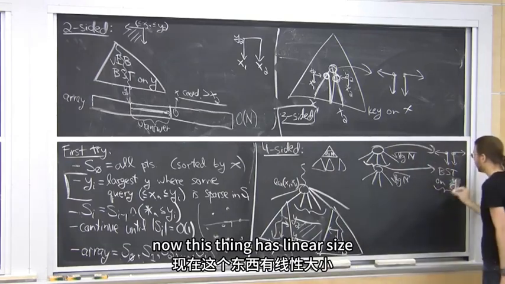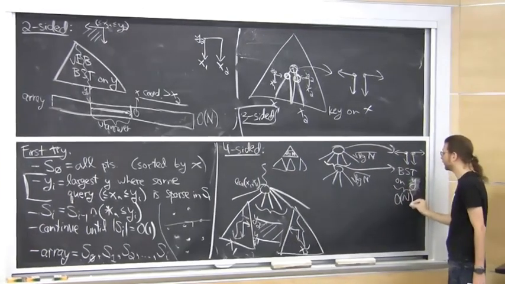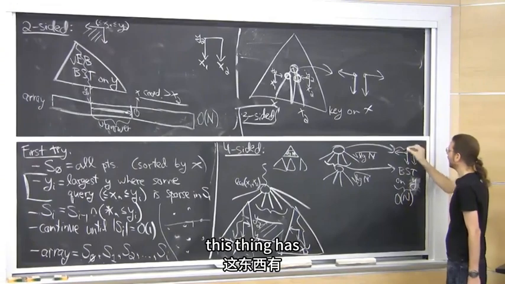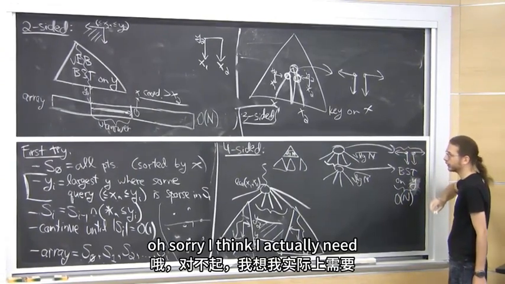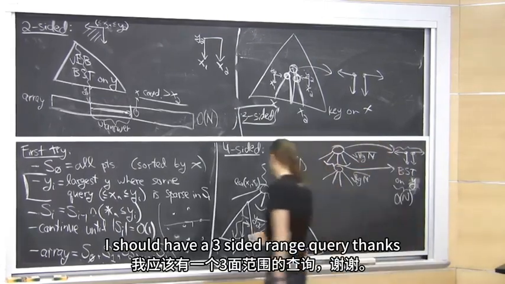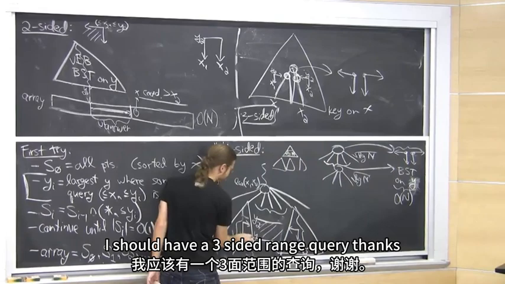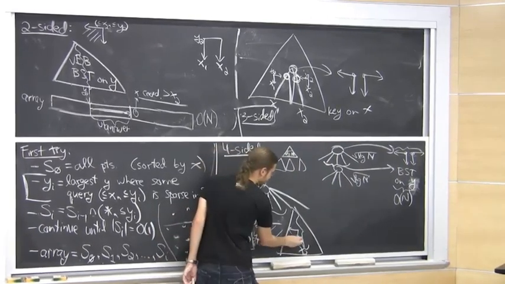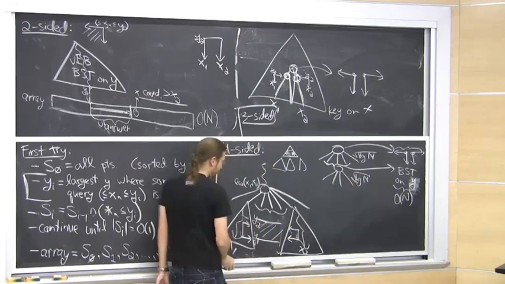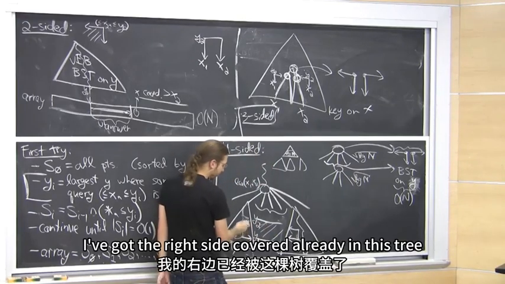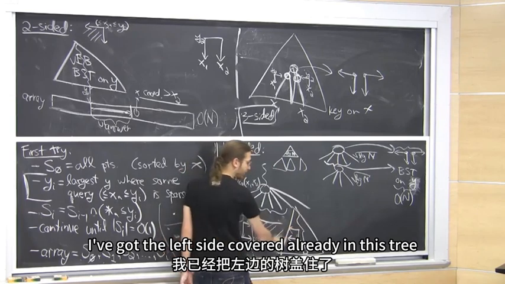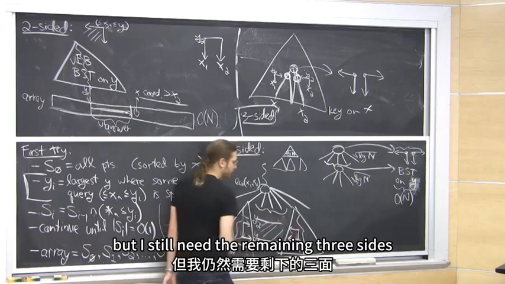Now this thing has linear size. I actually need a 3-sided range query here. These should be 3-sided, because I've got the right side covered already in this tree, and the left side covered already in this tree, but I still need the remaining 3 sides.